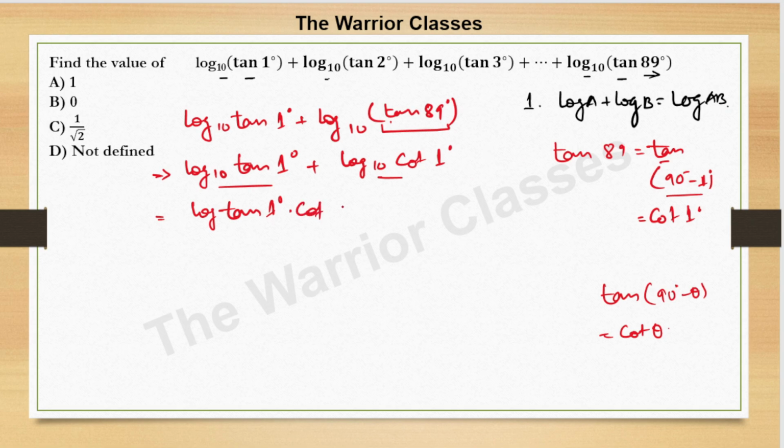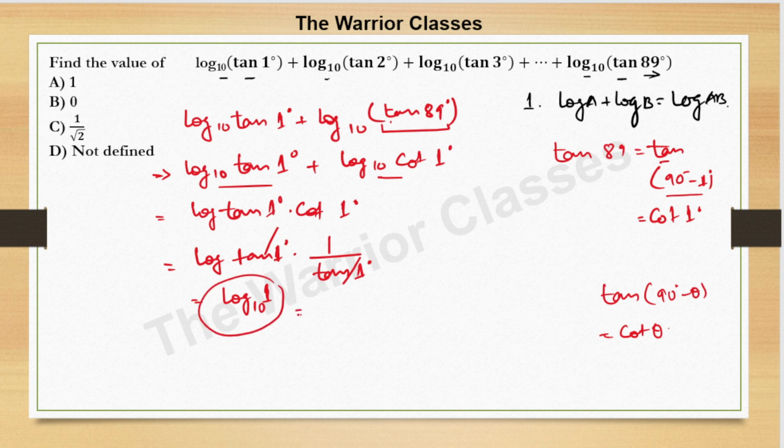Now cot 1 degree we can write as 1 over tan 1 degree, right? Now numerator and denominator tan 1 degree cancel, and we are left with log 1 with base 10, and the value of this term log base 10 of 1 is equal to 0.